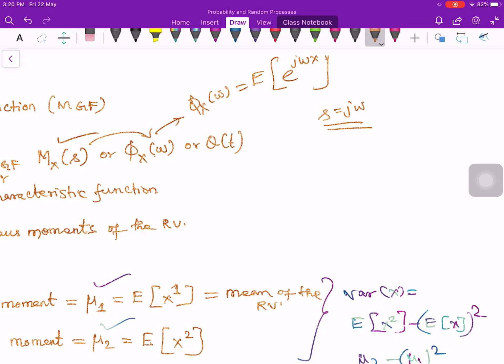Then the formula changes a little bit, but anyway it's one and the same.